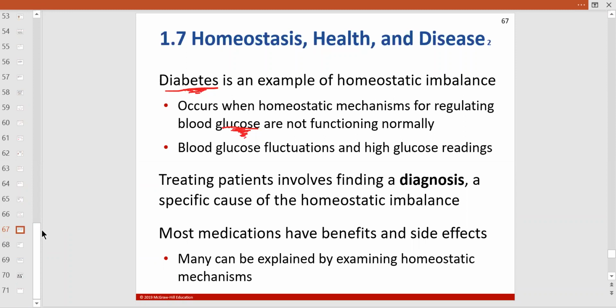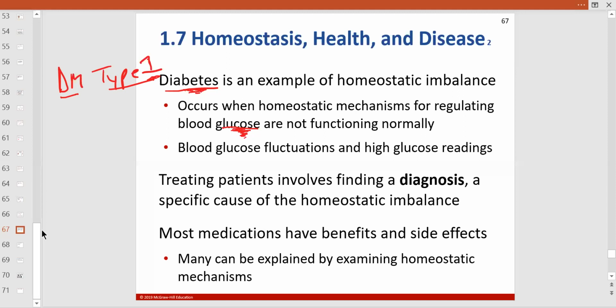Sometimes we have what's called diabetes mellitus type 1. Anybody know what that is? What's the problem in diabetics who are type 1, which most of the time they get when they're very young? What can't their pancreas make? Insulin? They can't make insulin, right?